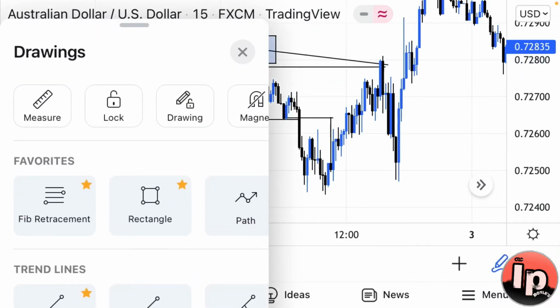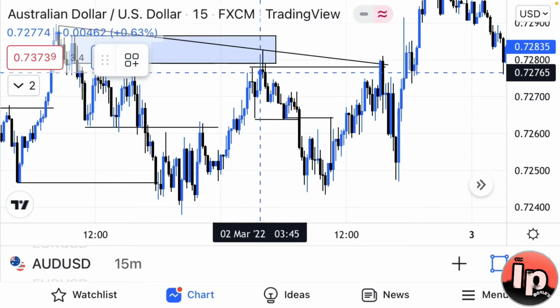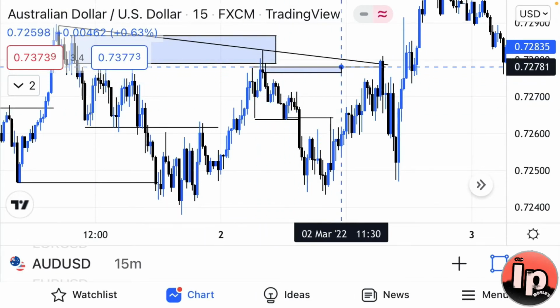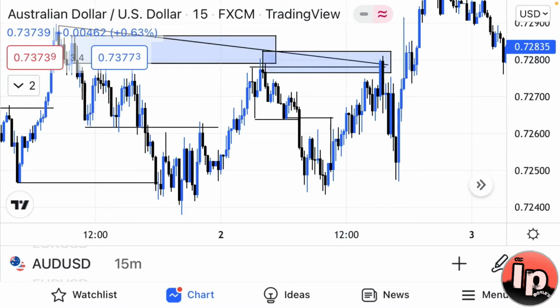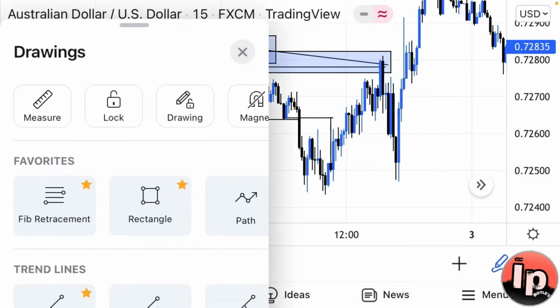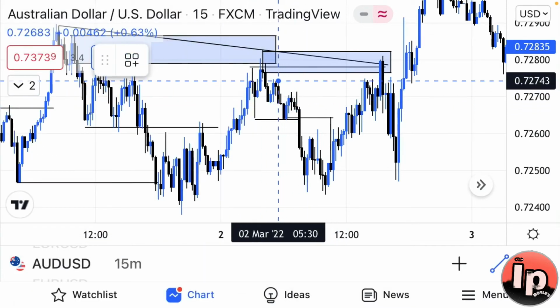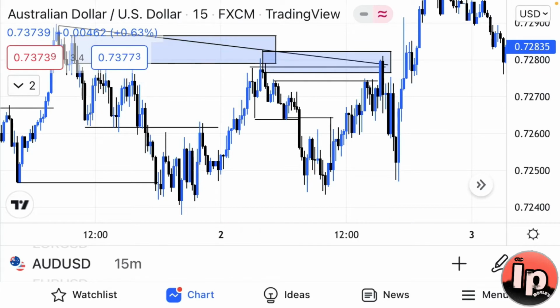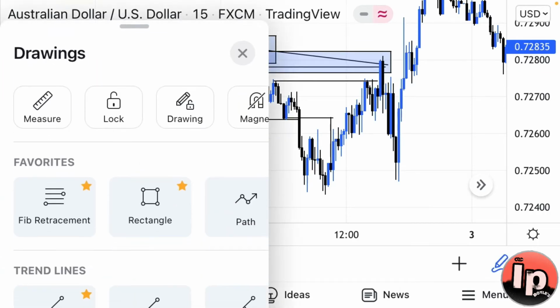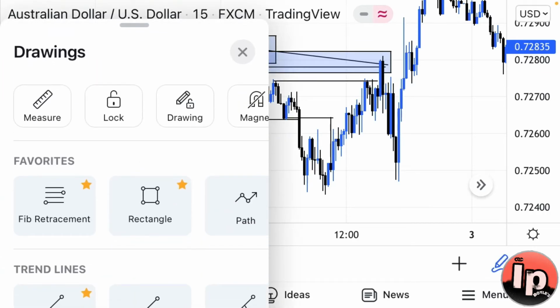I have to analyze this first, then explain what we mean by danger zone. So this is the order block. Price hits it. We also had liquidity. This is the first touch, then we had a second touch, and the third touch is liquidity to us as smart money traders.